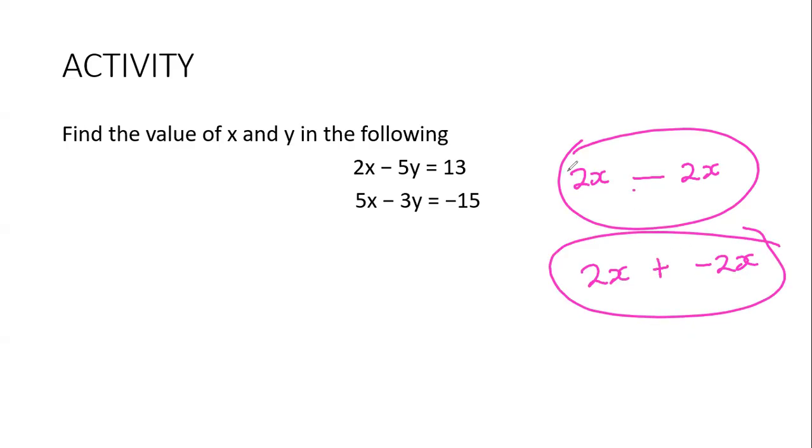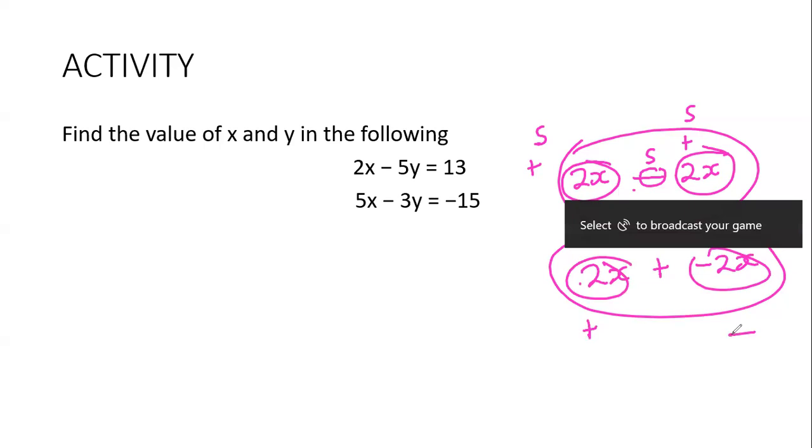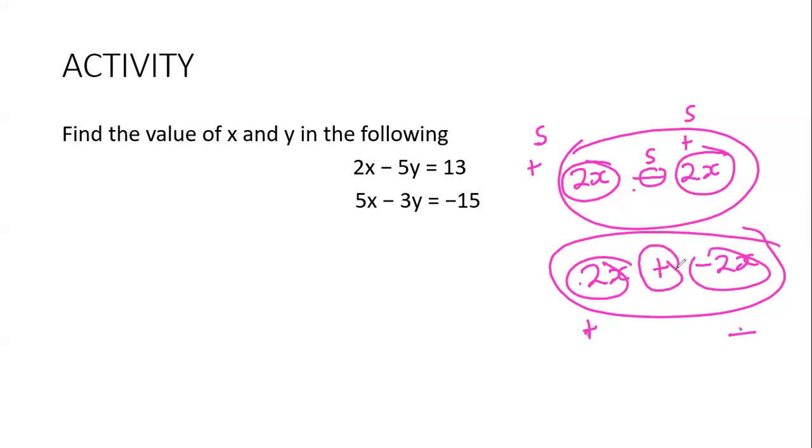So here the sign is positive, the sign here is also positive. So when the signs are the same, we subtract. This one has a sign that is positive, this one has a sign that is negative. When the signs are different, we add.